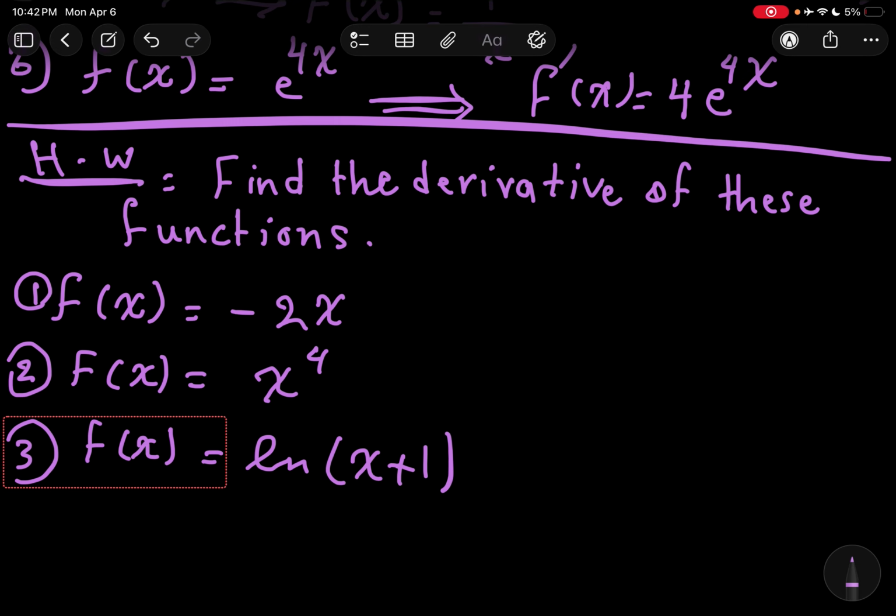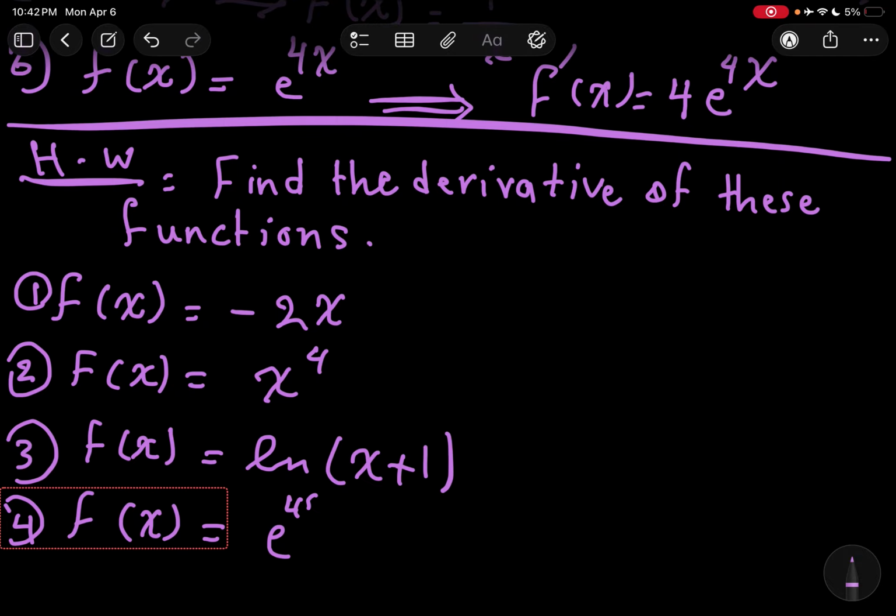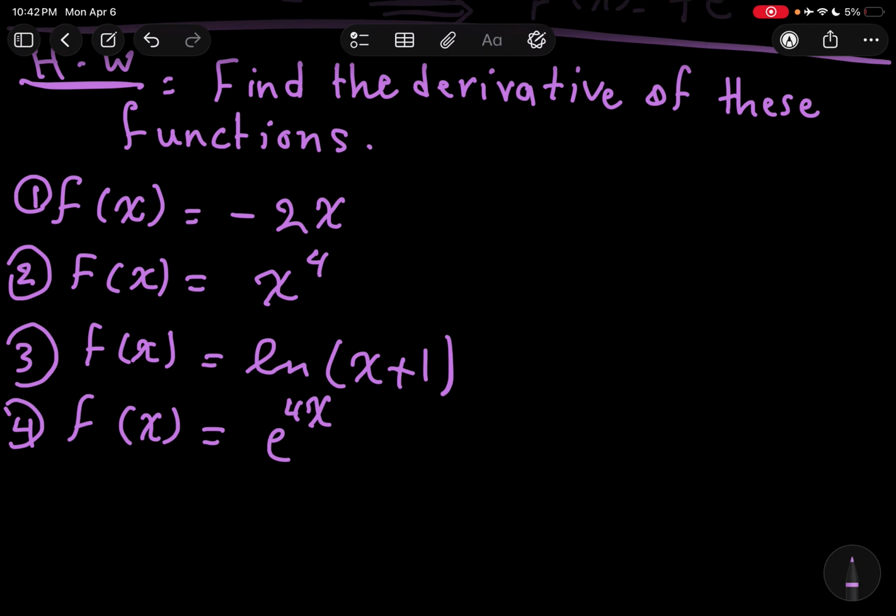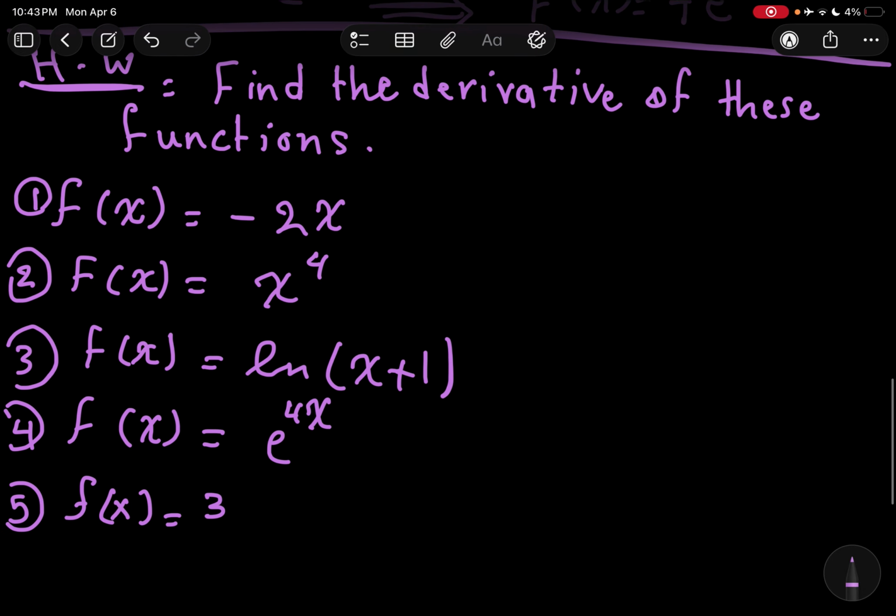And fourth one, f of x equal e to the power 4x. And the last one, fifth one, f of x equal 3 sine 2x.